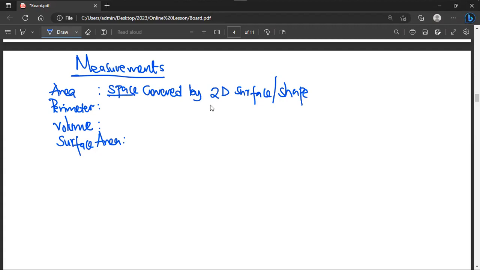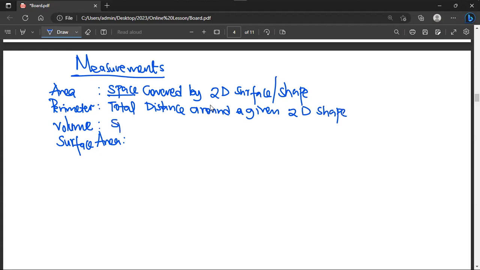Then when we look at perimeter, this will be the total distance around a given 2D shape.